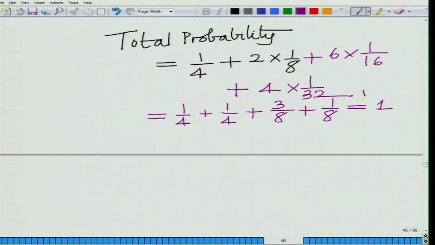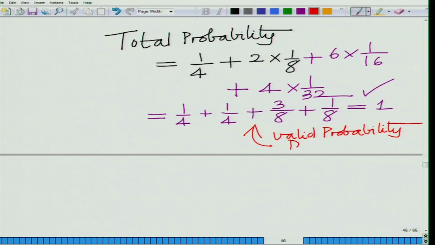So, this is basically a valid probability distribution.